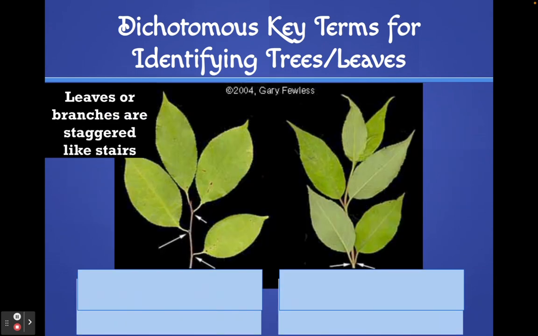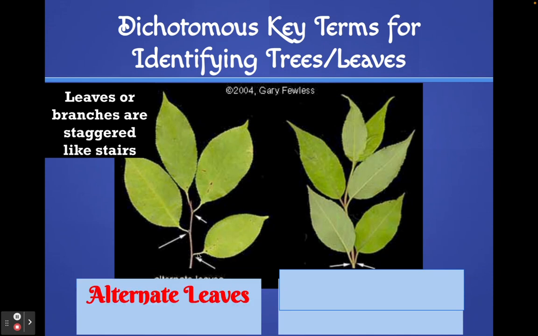Okay, next. So now we want to look at how the leaves, if you have a compound leaf, how they're attached to the stem. Now, this could be the leaflets, this could be the leaves, or this could be the branches on the tree itself, how they're attached. So when they're staggered like stairs, look at the arrows. There's one on the left, then there's one on the right, then there's one on the left, then there's one on the right. We call that alternating.